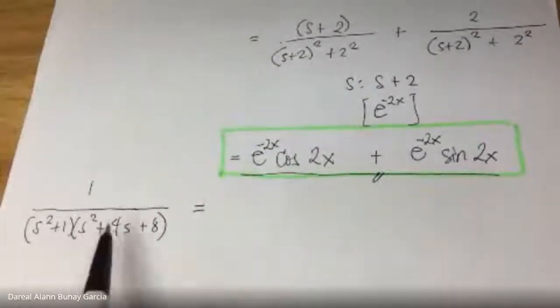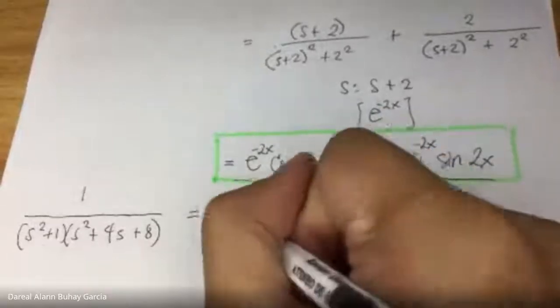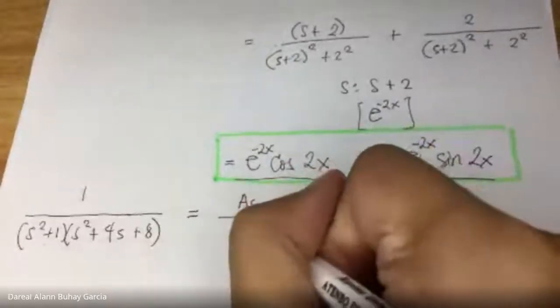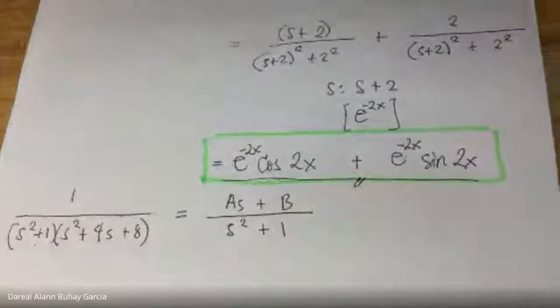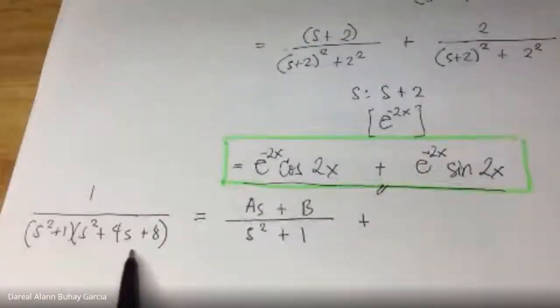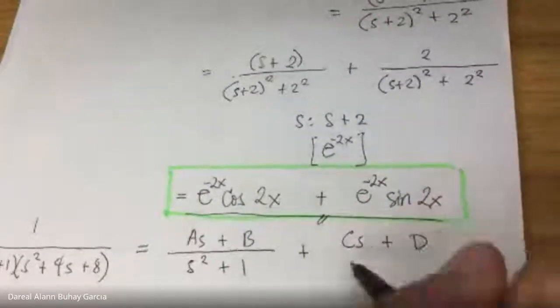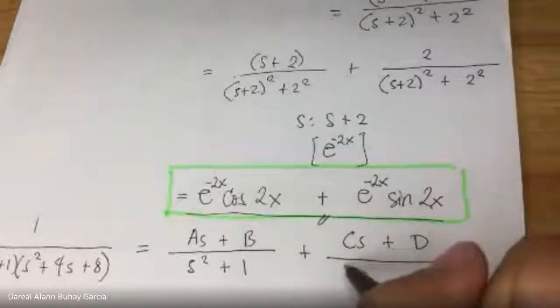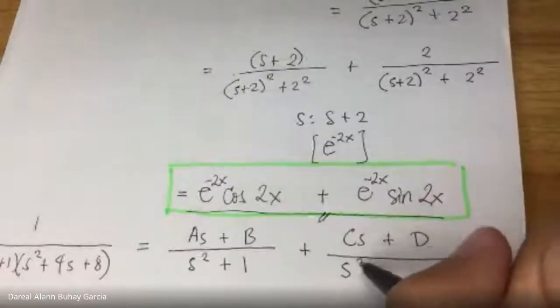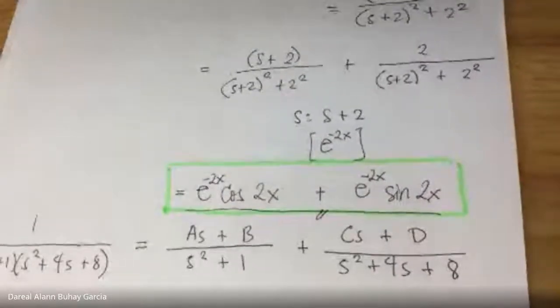Both are quadratic. So As plus B all over s squared plus 1, plus Cs plus D all over s squared plus 4s plus 8.